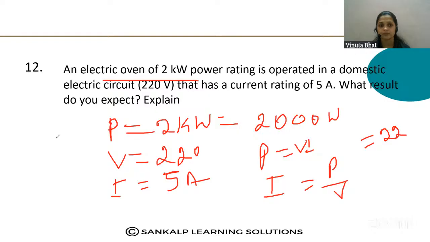That is 2000 divided by 220, so around 9 ampere current is drawn.